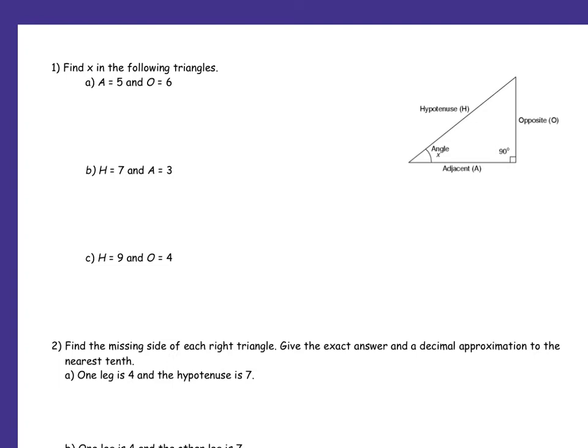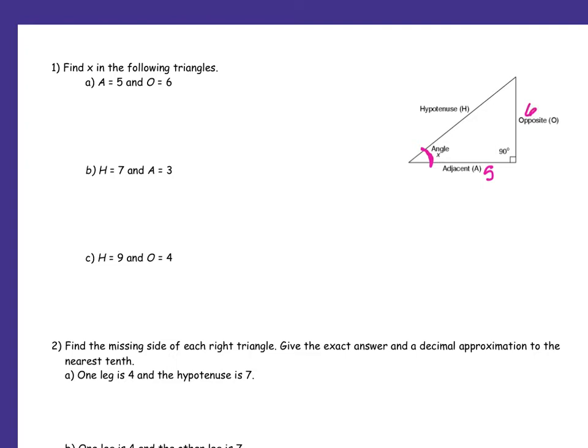It says, find x in the following triangles. In this case, x is my angle, and they give me these ratios. Right now, A is for adjacent. So my adjacent side equals 5, and my opposite side equals 6.